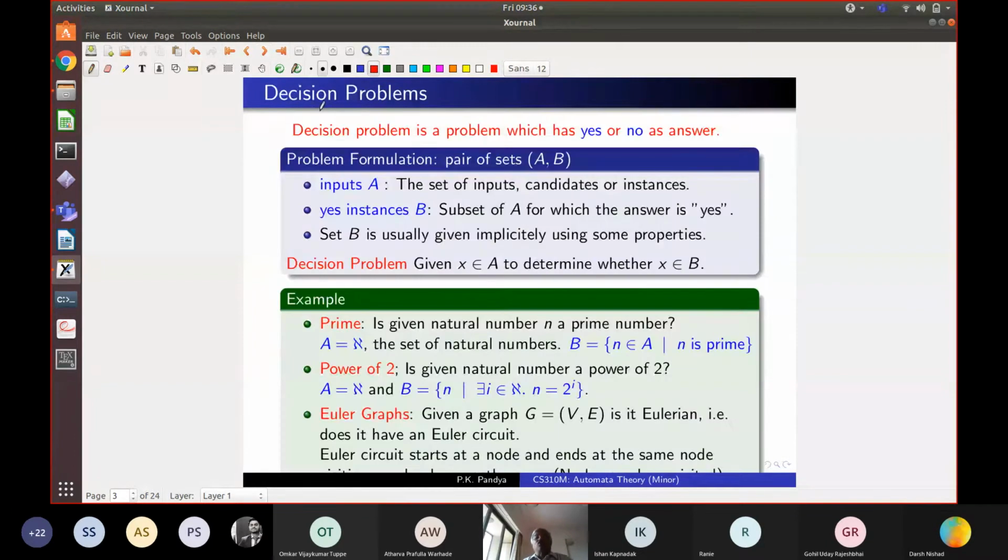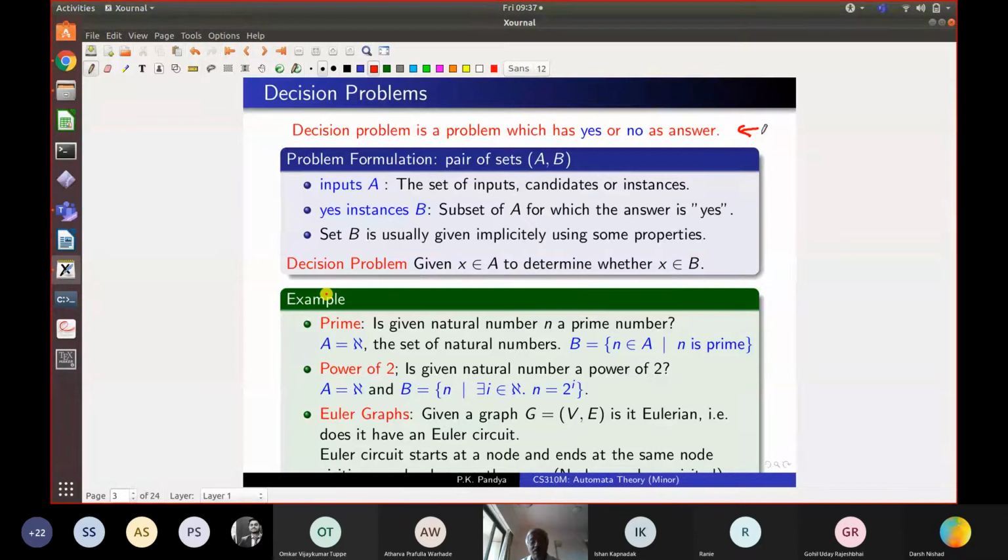So, decision problems. Well, there are many kinds of problems, like calculate the 10th prime number, or calculate the nth prime number given this value n, and that will produce as an answer a number. But a decision problem is a definite problem with a definite answer, which is either yes or no. So a decision problem is a problem which has yes or no as an answer.